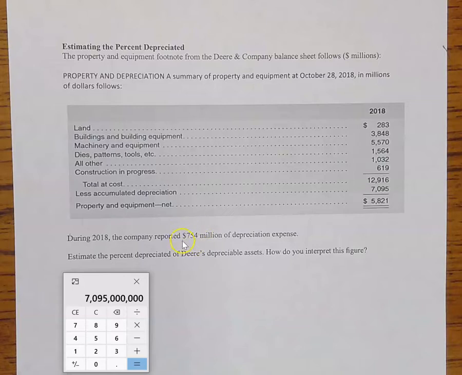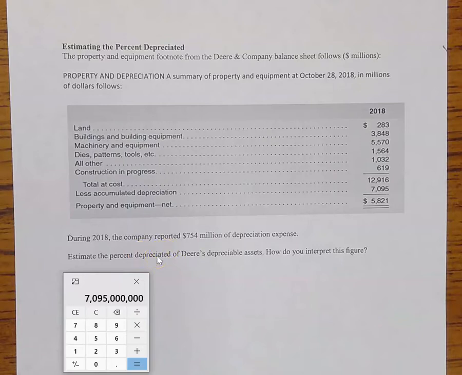We don't have to know that. But when we consider this figure here, this is going to help us understand what's going on here, hopefully a little bit better. So let's see here now. We have accumulated depreciation on all assets of 7,095, because it does say estimate the percent depreciated.